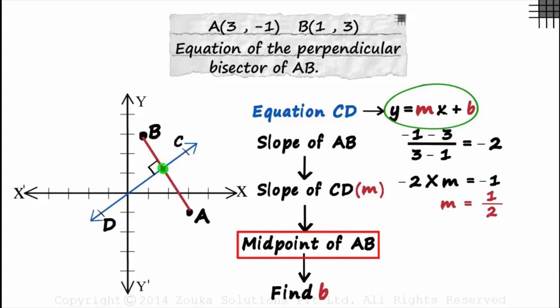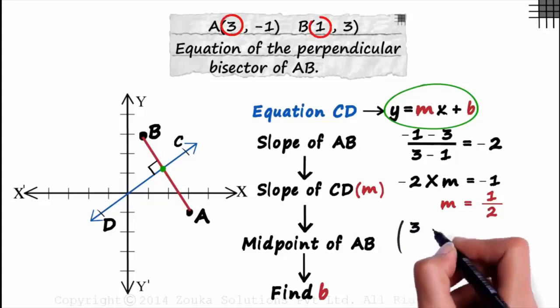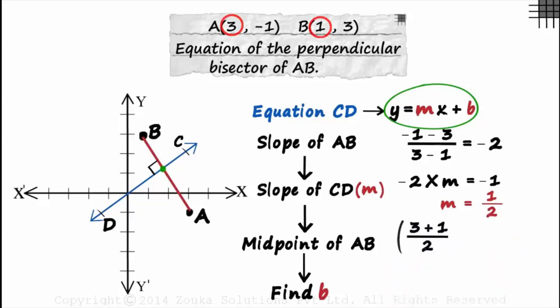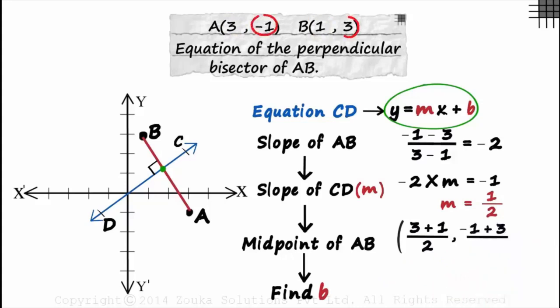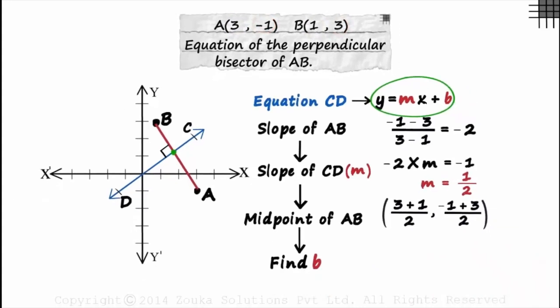How about the midpoint of AB? Just substitute into the formula and we get the midpoint of AB is (2, 1).